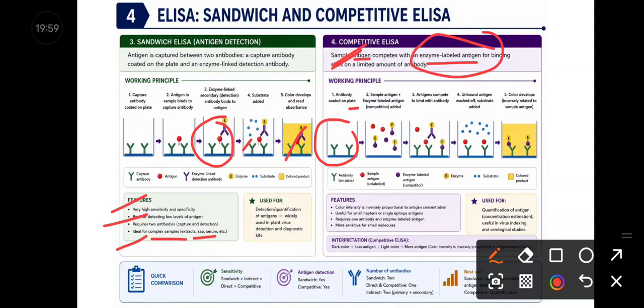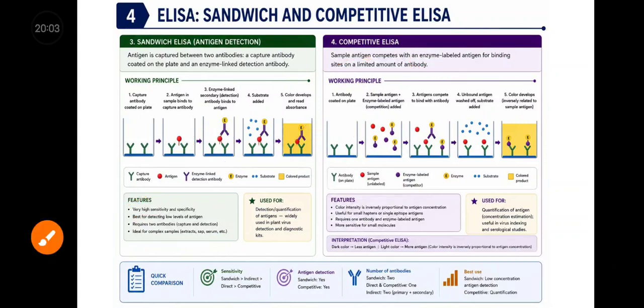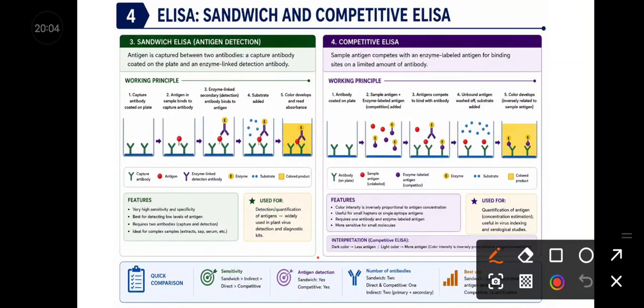So the relation is opposite, meaning the darker the color, the less antigen is there, because we don't need our enzyme-linked reference antigen. That is not our concern. Our concern antigen is the unlinked one, the major pathogenic agent, the pathogen virus antigen.